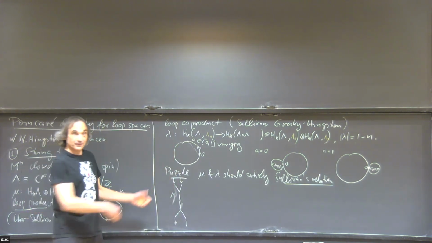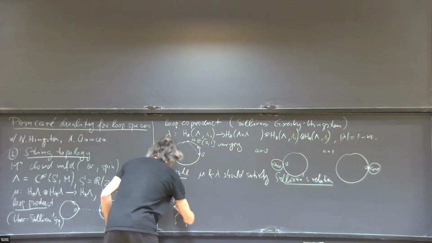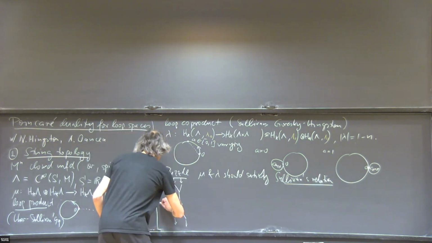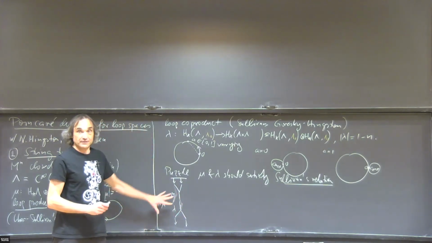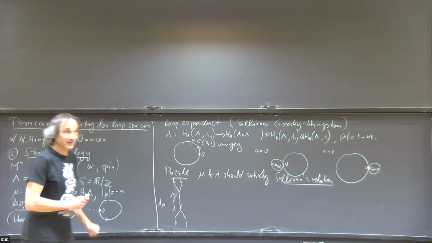So the operation should be read from top to bottom. This is a product and this is a coproduct. So this is the operation lambda composed with mu. Okay, so it's clear what these pictures mean, and then I don't have to write formulas. I think it's easier to read when you draw pictures.